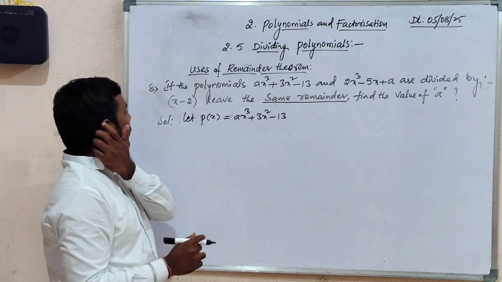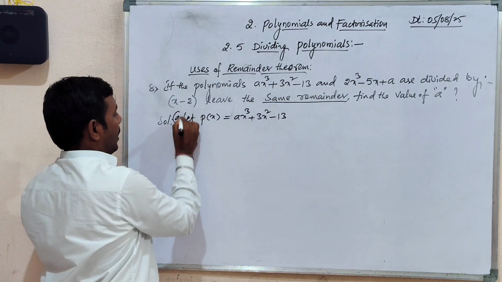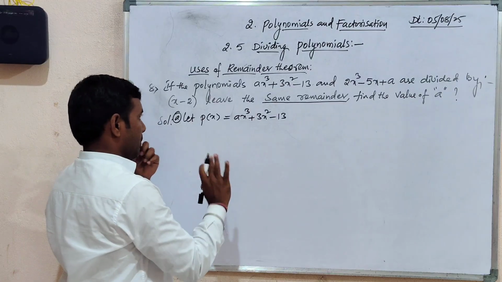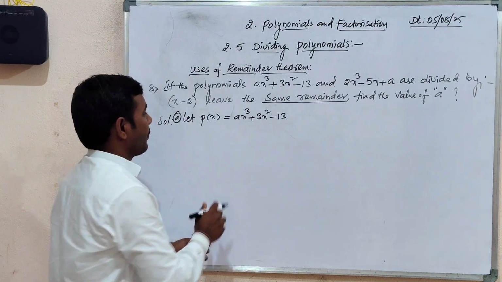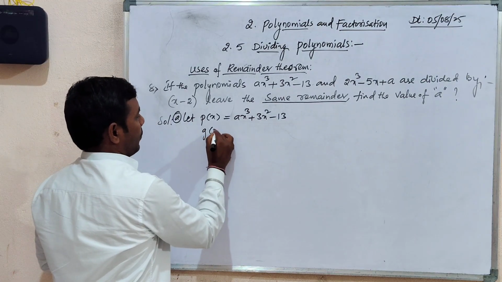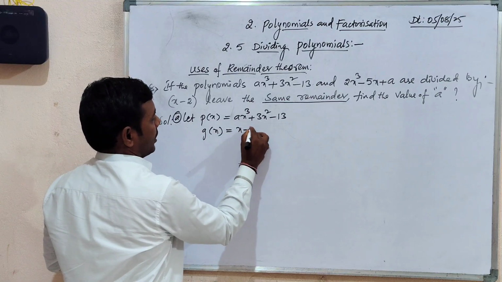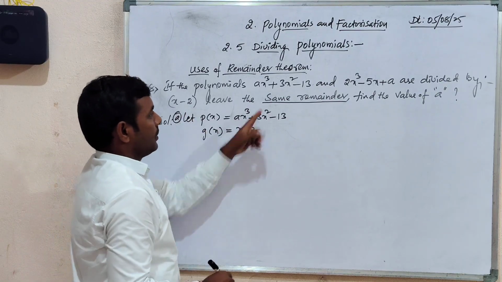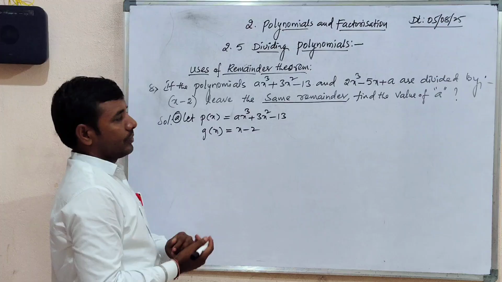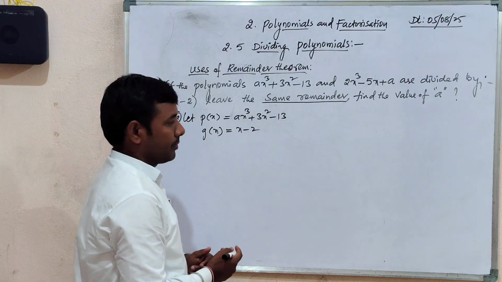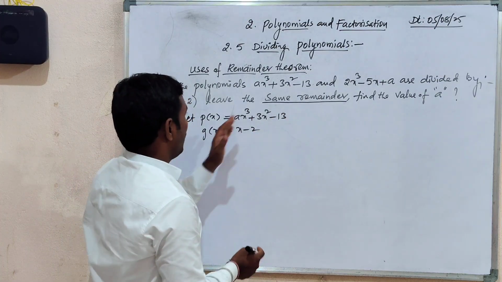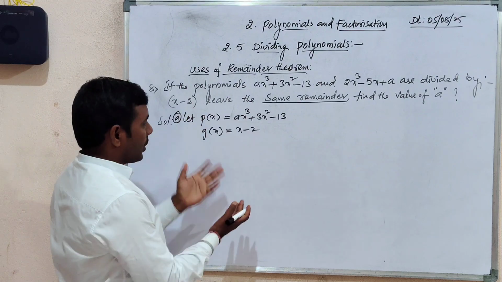Okay. You feel that it is part A, part B, part A, right? Now g of x, you feel that x minus 2, this is divided with this. Try to find the remainder. Yes, same remainder now. When it is divided with this, what is the remainder?